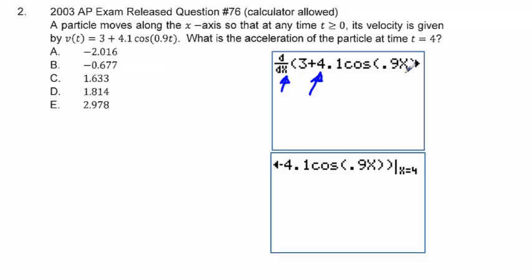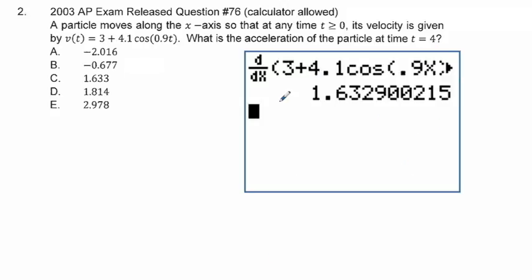Because it took up too much room on my view screen, I did this in 2 stages. This is from the left, and this one on the bottom is from the right. You can see the entering here of 4. Then you press enter in your calculator, and you get this. To the nearest 1,000th place, or third decimal place, it's 633, and it's going to be answer choice C.